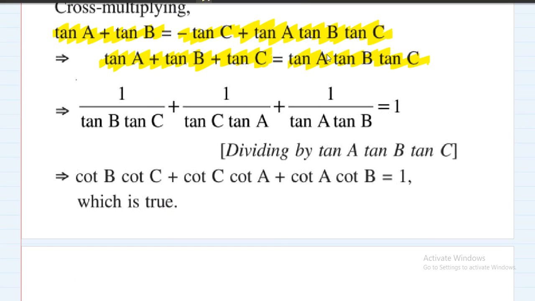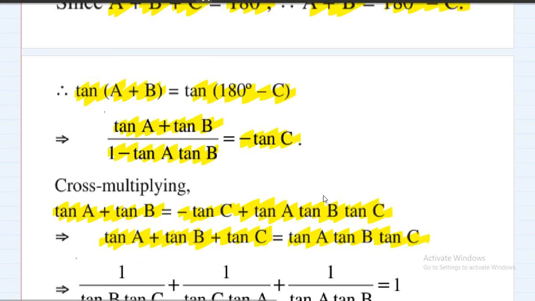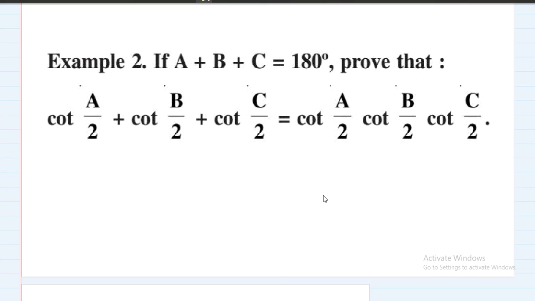Now, if you divide by tan a tan b tan c on the other side, you get 1 upon tan a tan b plus 1 upon tan b tan c plus 1 upon tan c tan a, and if you reciprocate, you get your answer. That's very easy. So this also can be one of the options for solving these kind of problems. Let's go to the next question.